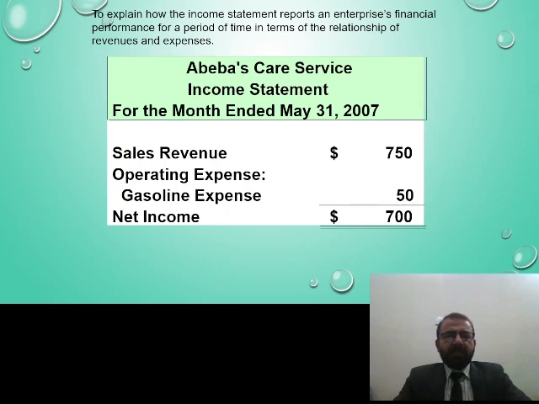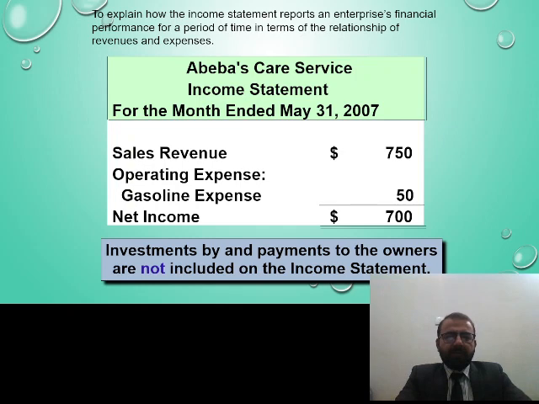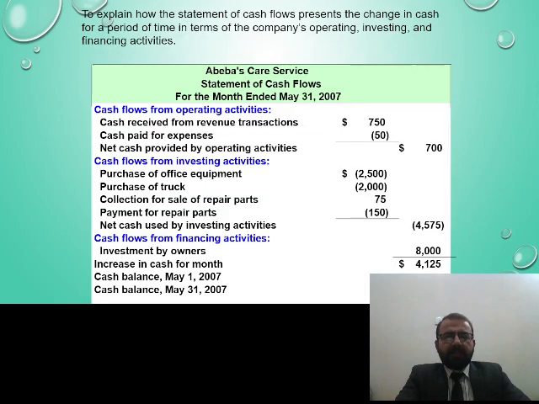Here is Abiba's Care Service income statement for the month ended May 31st, 2007. We have sales revenue of $750, operating expenses of gasoline expense of $50, and net income of $700. Investments by and payments to the owners are not included on the income statement.